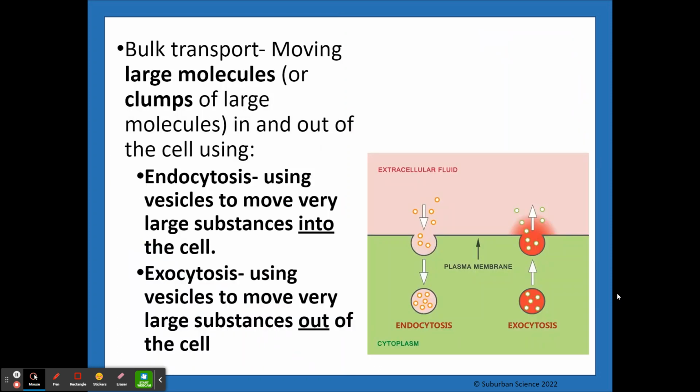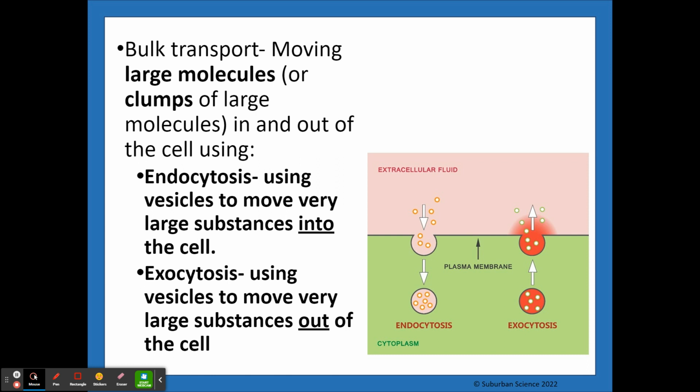So within bulk transport, the big thing is that it helps move large molecules or clumps in and out of the cell itself. It does this through two main processes, endocytosis and exocytosis.